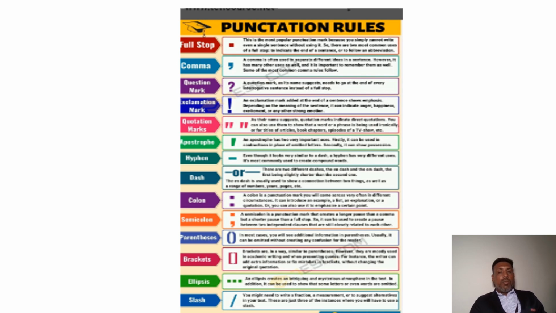Dear students, I am giving you some time so that you can read the rules. Apostrophe. Apostrophe is also a very important mark. Not very common like the full stop or comma. There are a lot of confusions related to apostrophe, particularly when we deal with singular and plural.